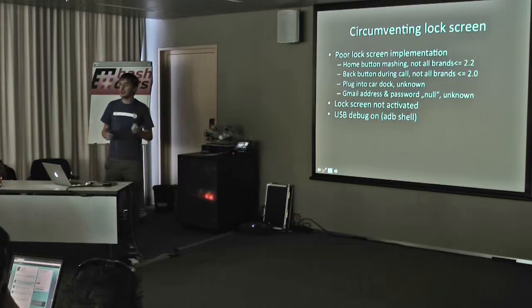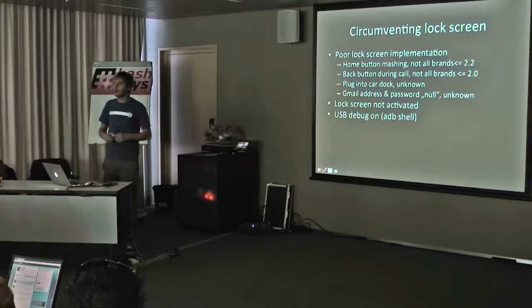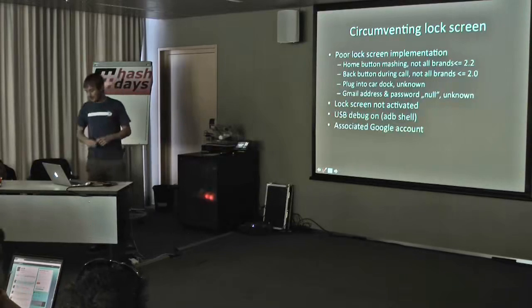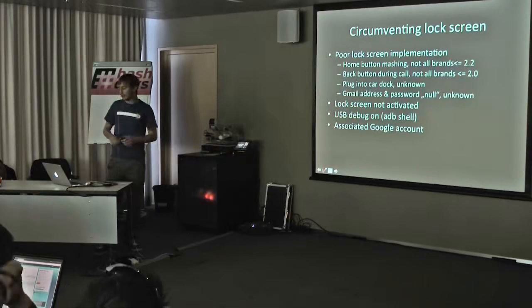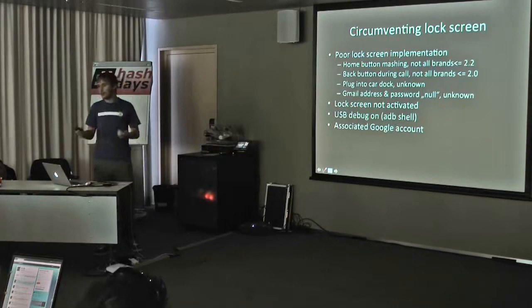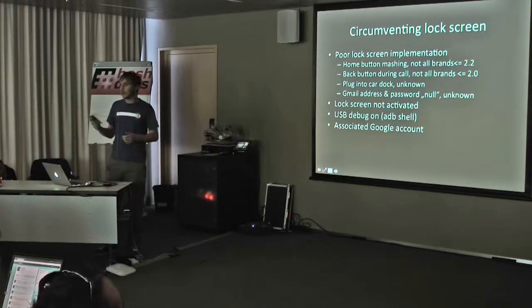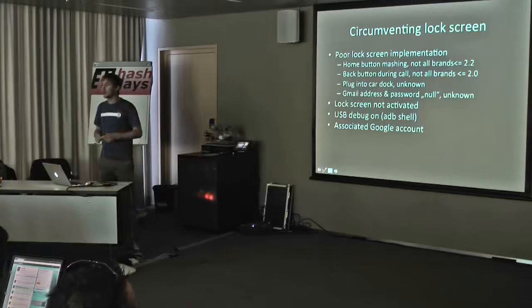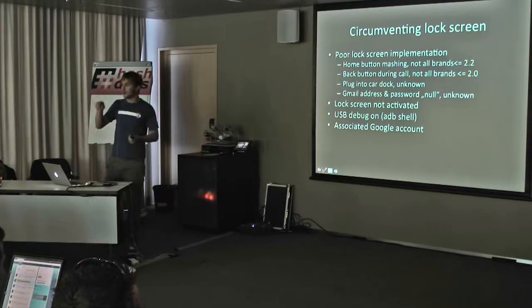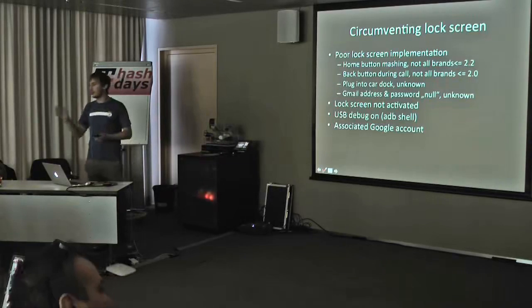ADB shell is basically like SSH over the USB cable. And another way to circumvent it is, of course, if you know the associated Google account, the Gmail address and password, because then you can just draw the pattern 20 times incorrectly, enter the Gmail address and password, and you're in.